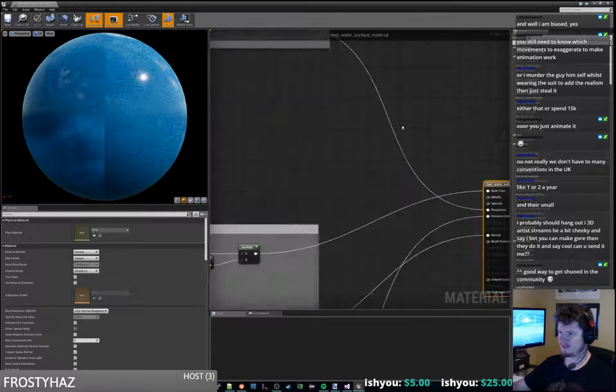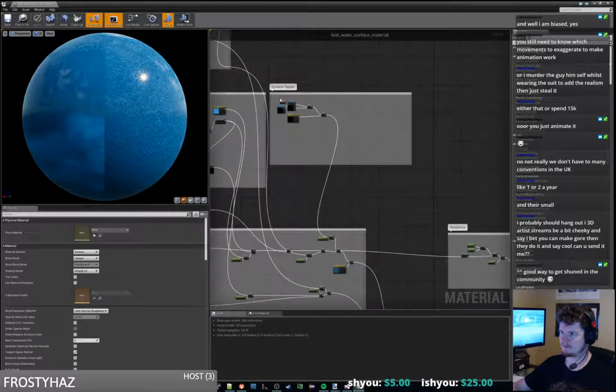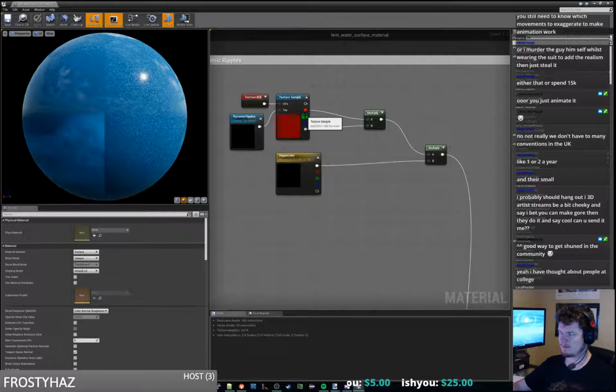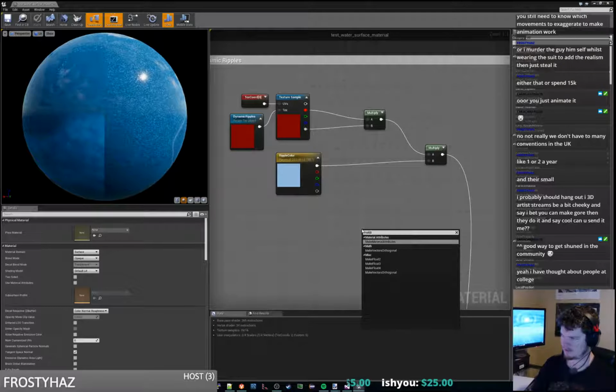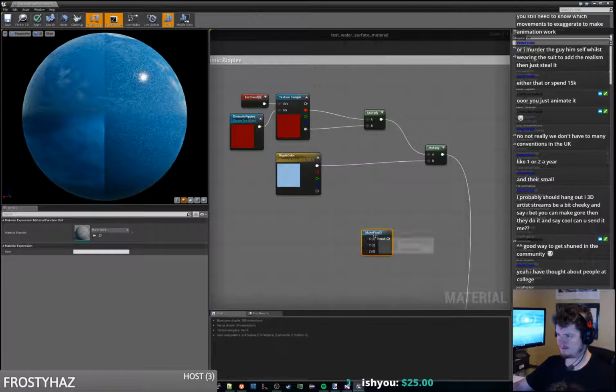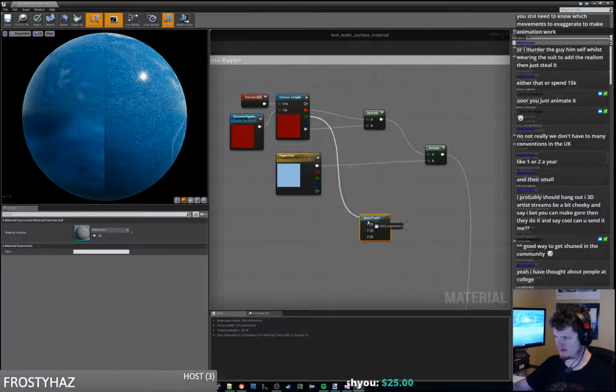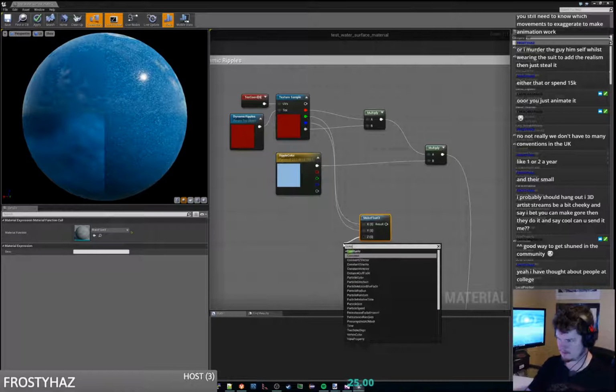So if we got these normals in here, I need to make a float3 out of this variable, which is going to be, I think Z is up, so it's X, Y, and this is just a constant 1.